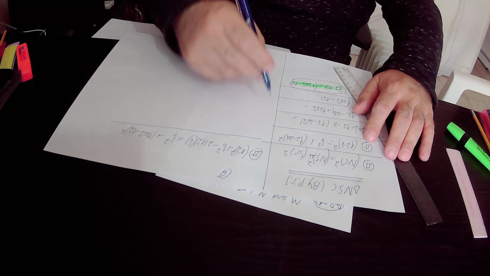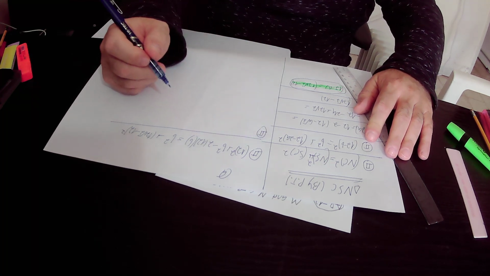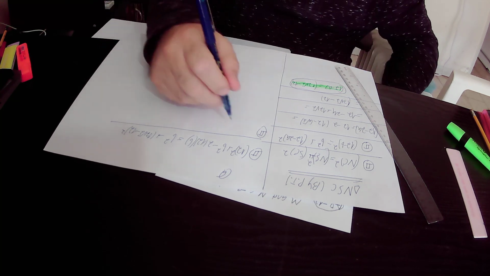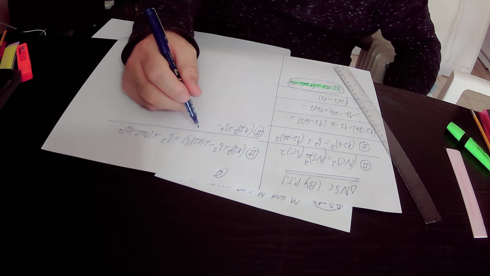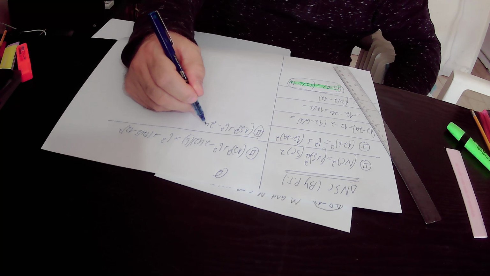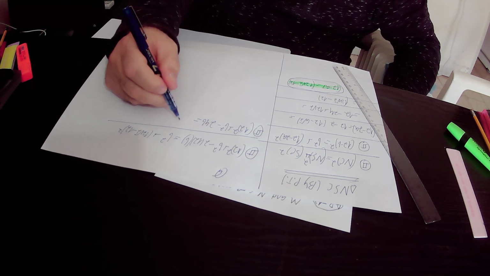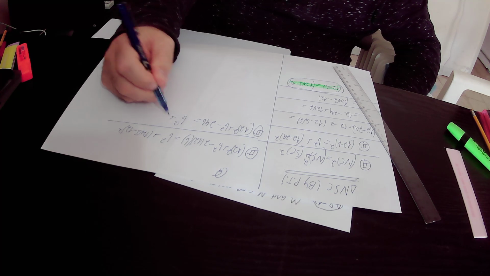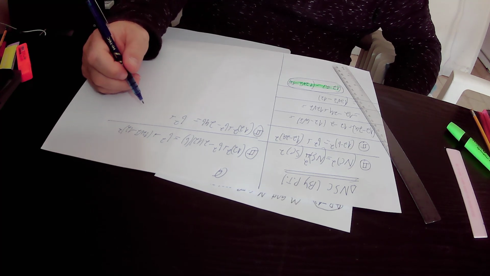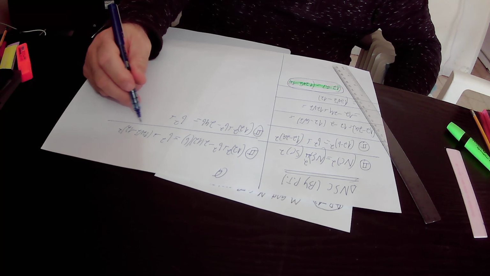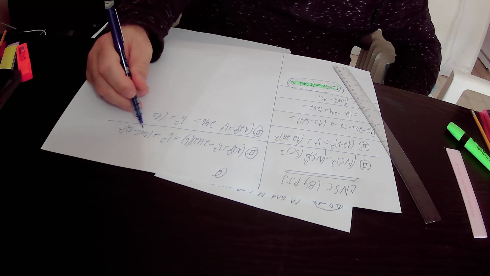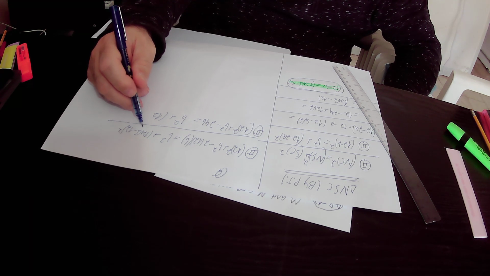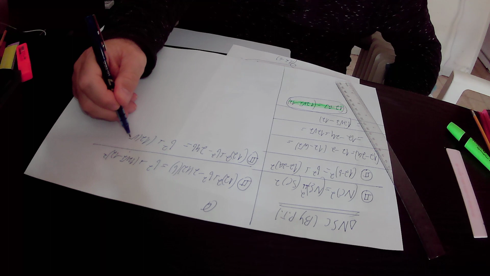So 12 squared plus B squared minus 24B equals B squared plus, here we will take 12 as a common factor out of this expression, and what is left inside the brackets is square root of 2.